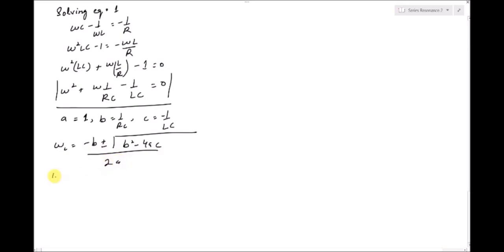I get the formula for the lower cutoff frequency, that is equal to minus 1 over 2RC plus minus under root of (1 over 2RC) square plus 1 over LC. Now we have positive values as well as negative values, but frequency is always positive, so I am only considering the positive values.